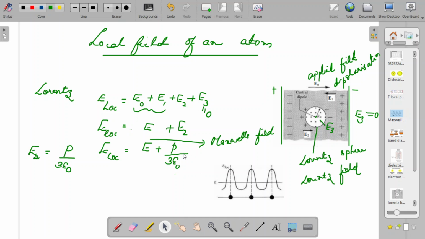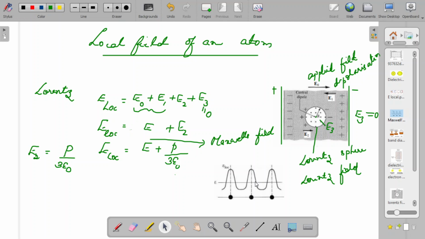So depending upon the variation in P by 3 epsilon 0, this E local can have a variation. When you plot the local electric field, it will vary like this, which means that near the lattice site, near the atom, the local electric field will be very high, and away from it, low. Again near another atom, it will be high, and low, and high, and low, like that.